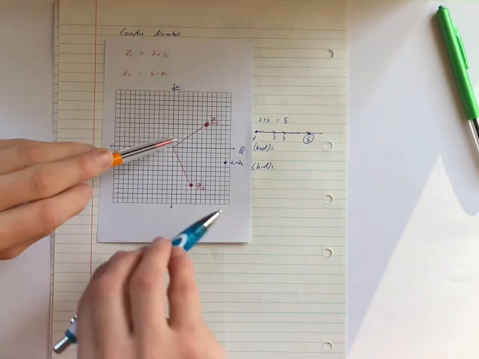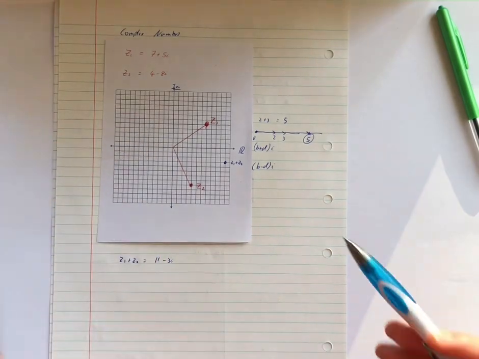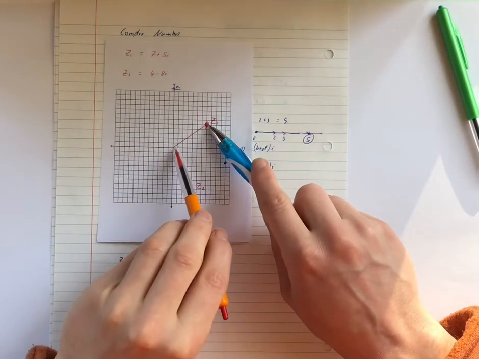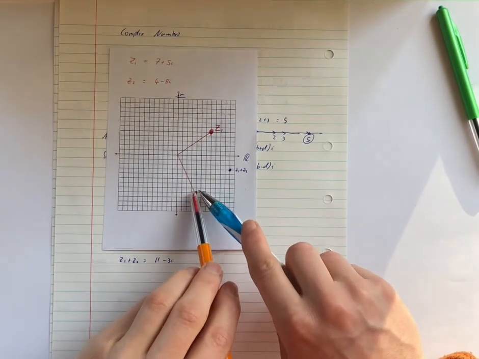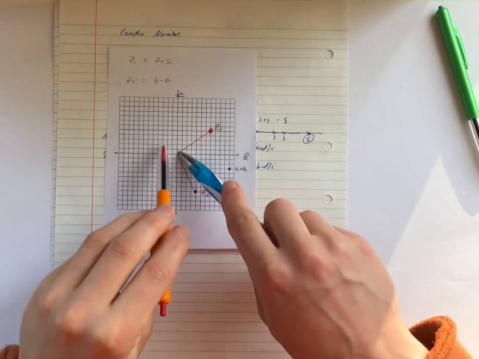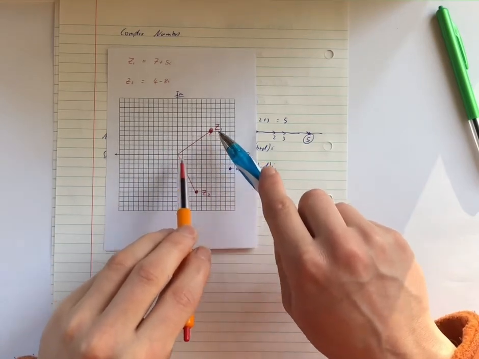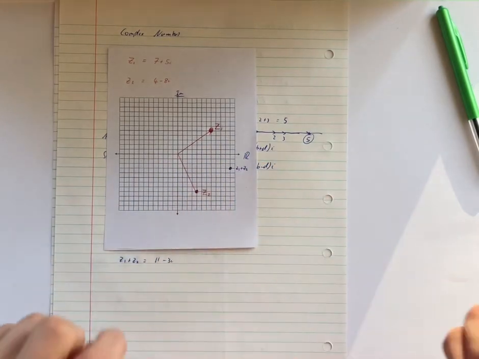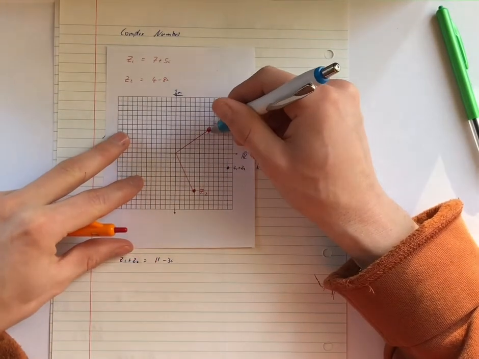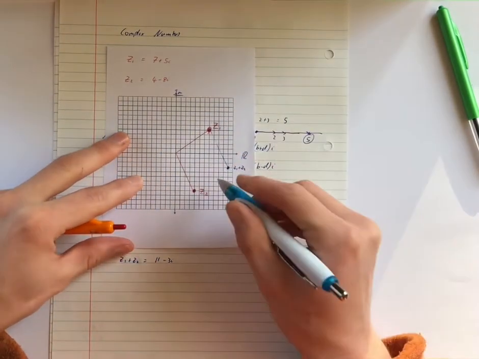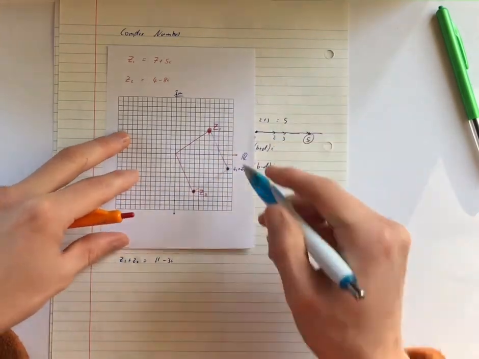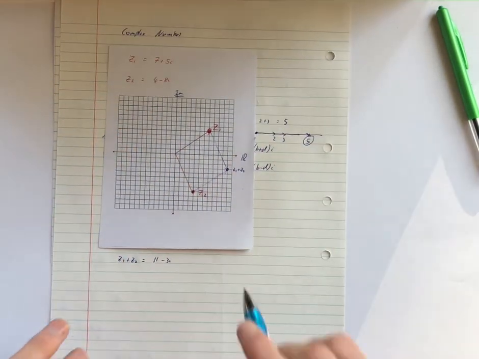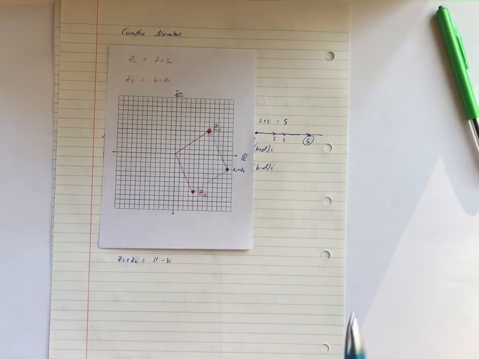If you did it the other way around, you would have Z2 and you would add Z1 to it, and you end up there. And that's, I think, the rule of parallelograms. So it doesn't matter which way you go. Z1 plus Z2 or Z2 plus Z1, you'd still end up at that spot.